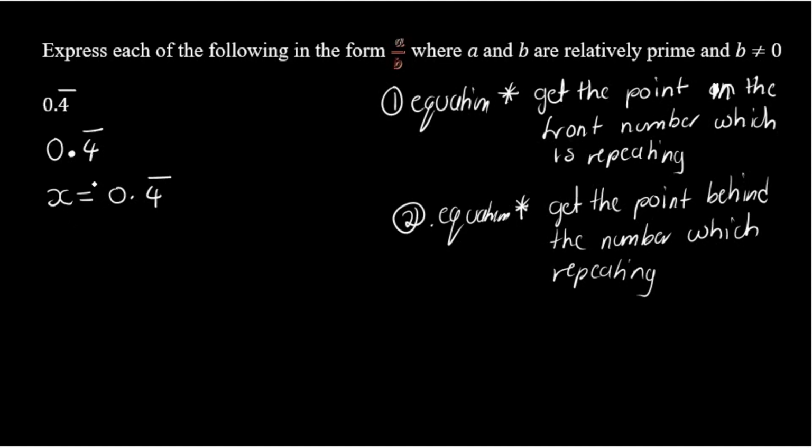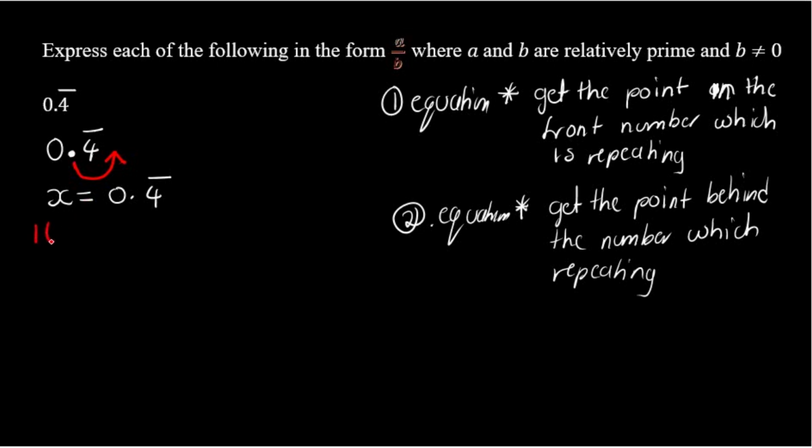Then what does the second equation say? It says get the point behind the number that is repeating. So we will move this point to behind the number that is repeating. How many times? It will just be 1, like that, right?